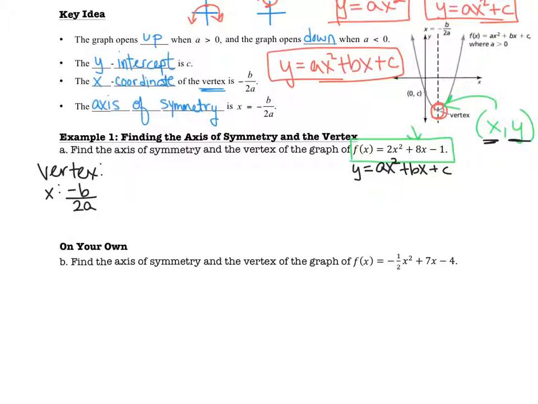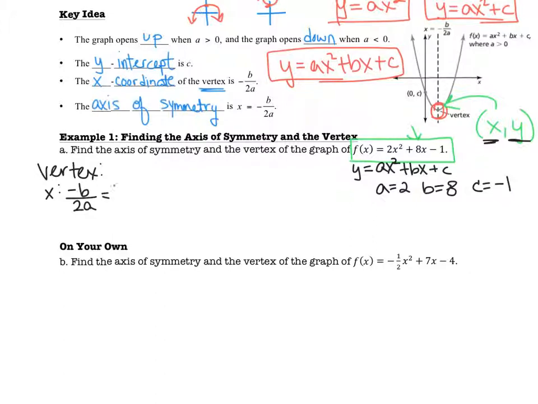So a would equal 2. It's the one being multiplied to x squared. b is being multiplied to x, which is 8, and c is your constant term, which in this case is negative 1.